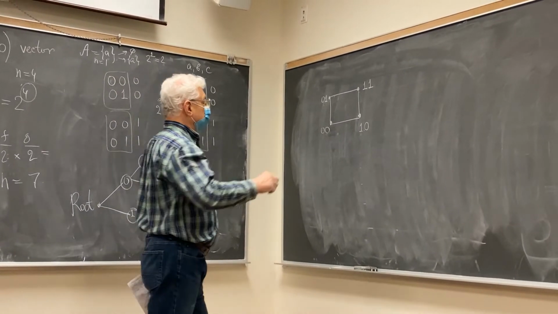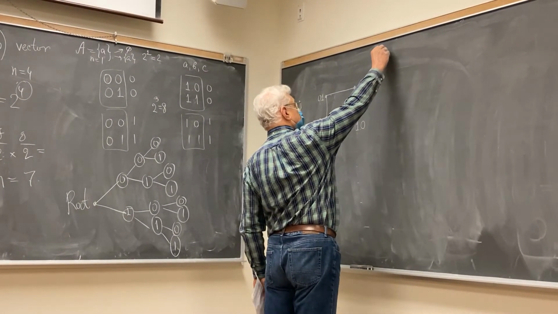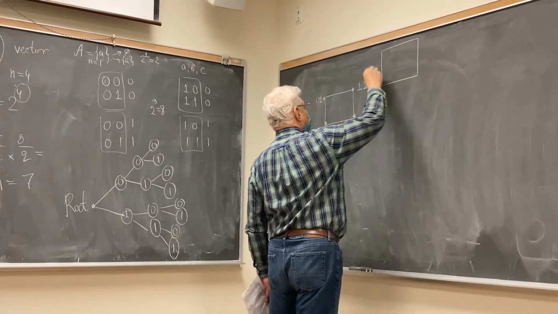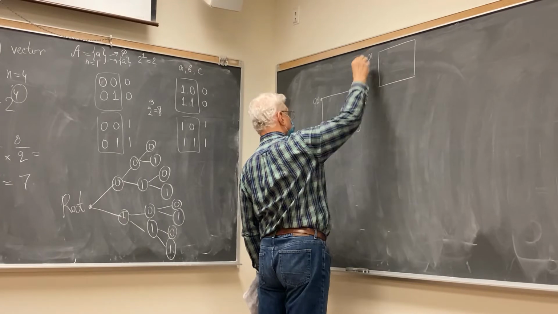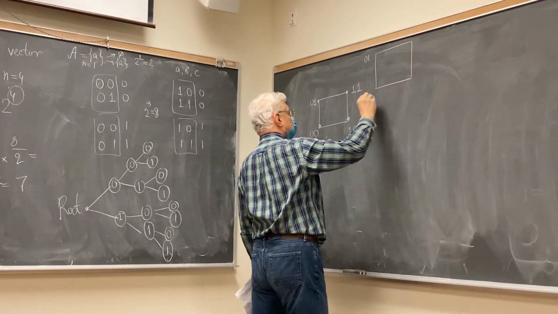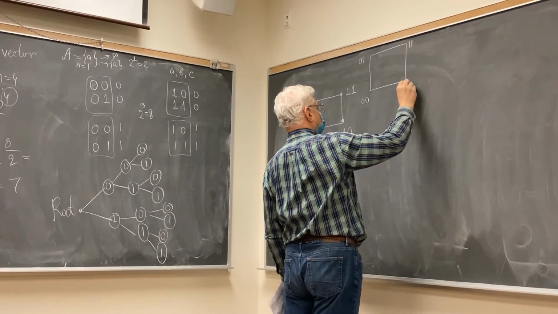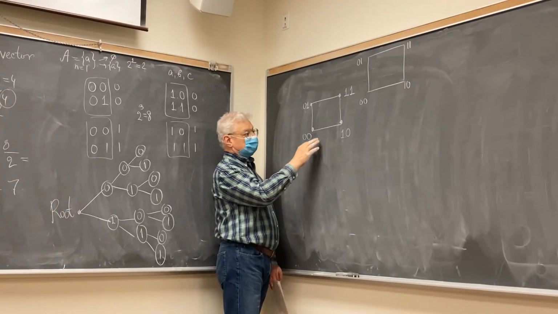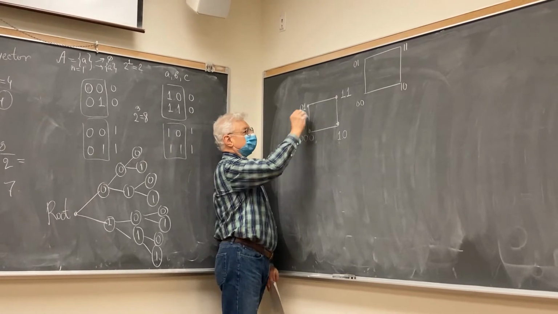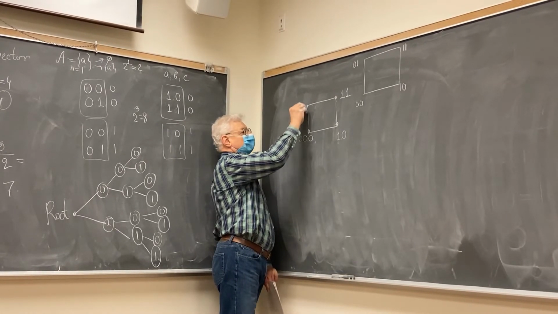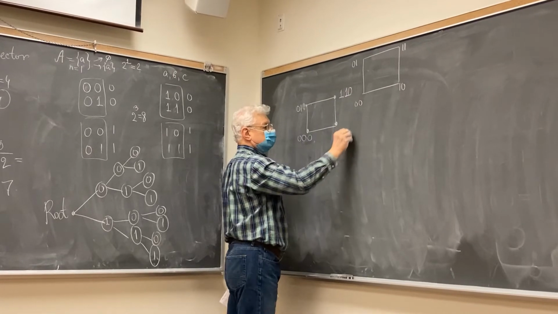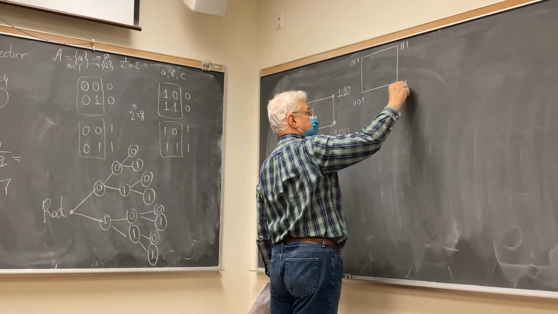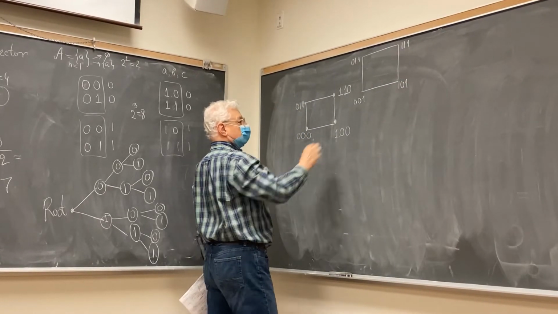What should I do after that? I have to double it. So let me draw a square again and rewrite it here. So 0, 0, 0, 1, 1, 1, 1, 0. And then I write zeros everywhere on the right side. Okay, 0, 0. And here I write 1 everywhere as the third digit. And I have a new square.